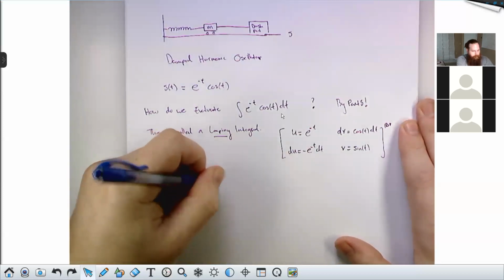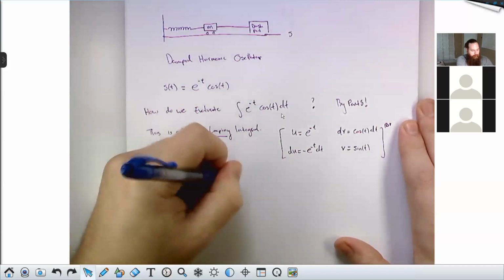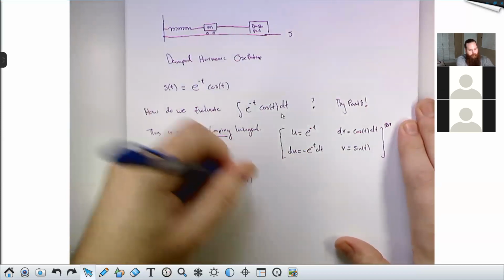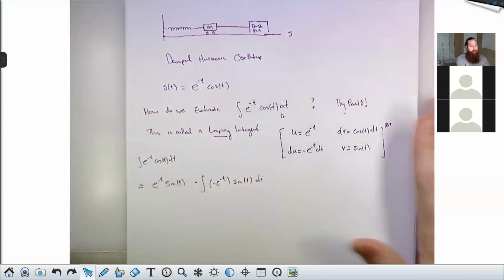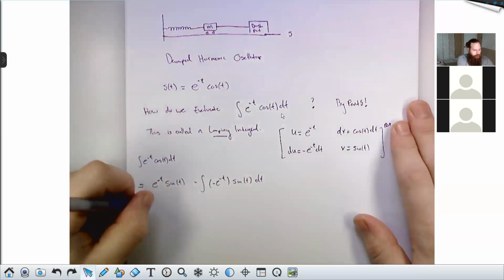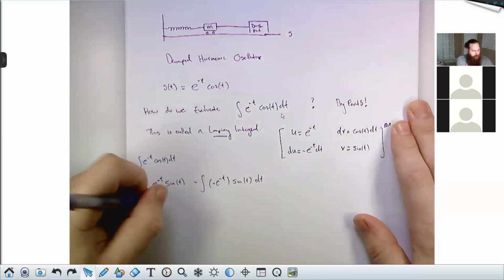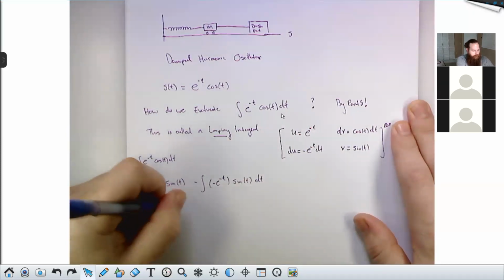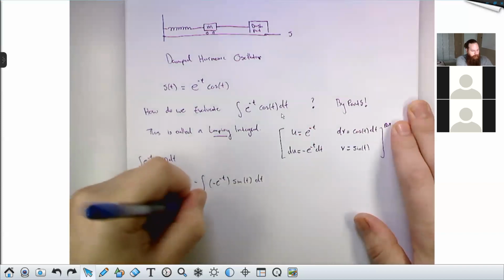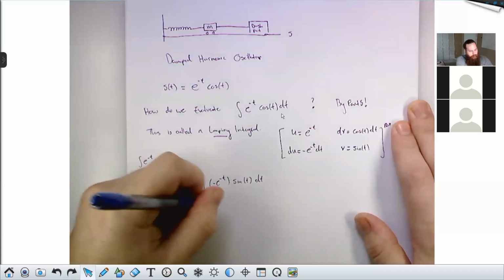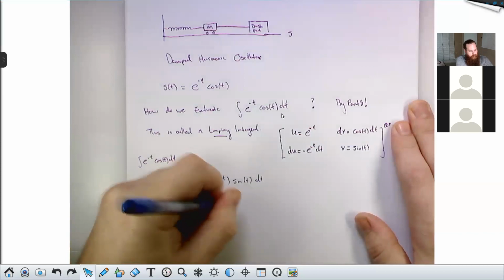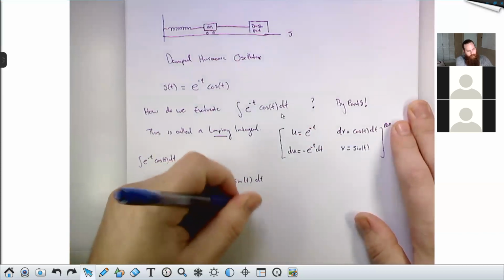That's minus e to the negative t sine t dt. I can pop this negative out. So I get e to the negative t sine t plus the integral of e to the negative t sine t dt.